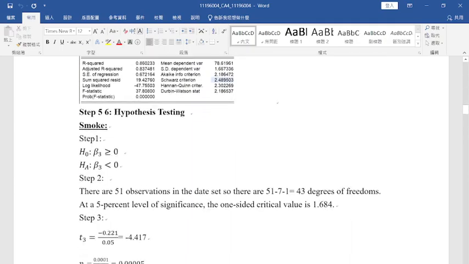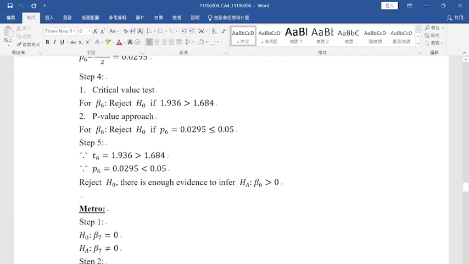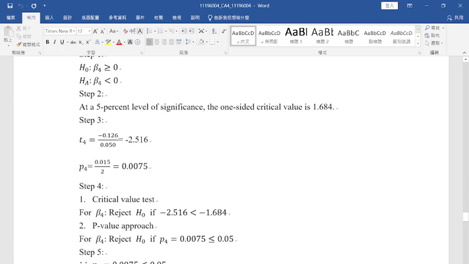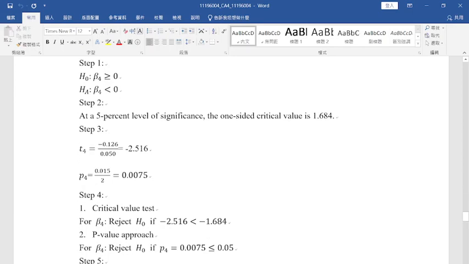And the obesity. We hypothesize the variable should be smaller than 0, so the critical value should be negative 1.684.